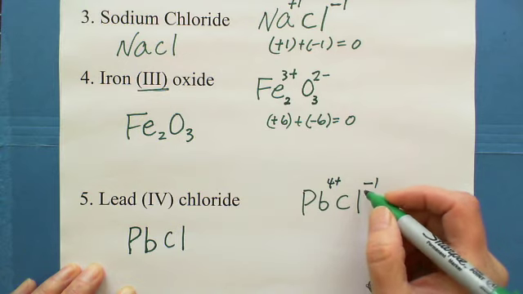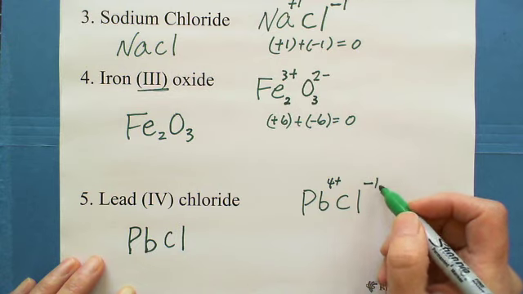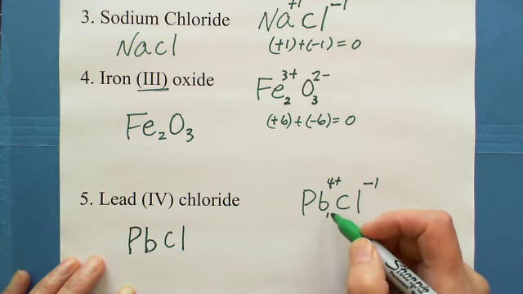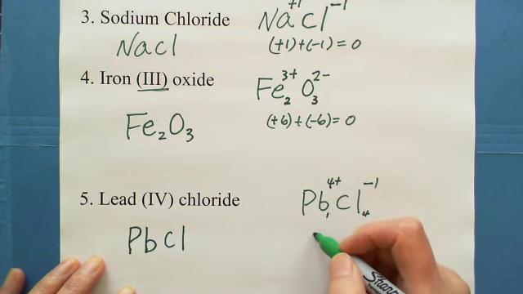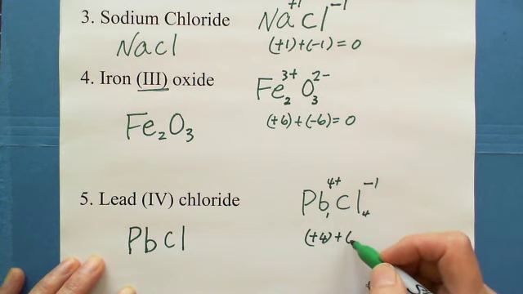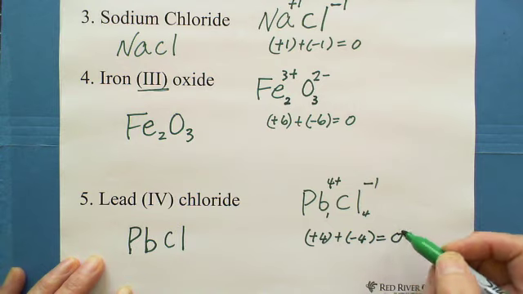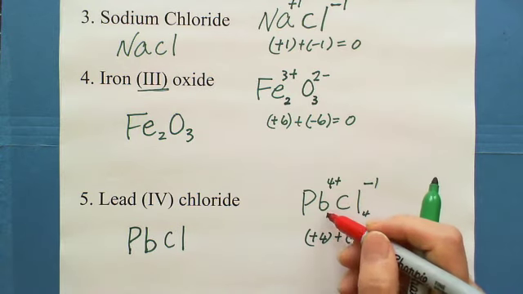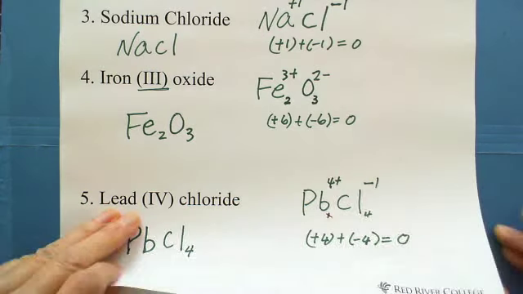Then through the shortcut way, the 1 from negative 1 goes to this corner, and the 4 goes to this corner, because 4 times 1 equals positive 4, and negative 1 multiplied by 4 equals negative 4. So balance equals 0. And we don't need to write the 1 if it's 1 ion, so the formula is PbCl4.